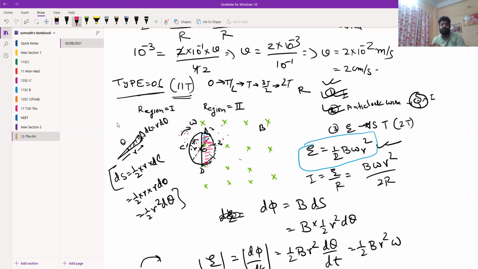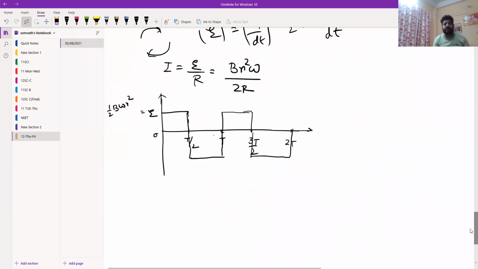Now when it moved from 2 to 1, my area decreases, flux decreases, induced EMF will try to increase it. So they are just reverse. So 1 to 2, 2 to 1, 1 to 2, 2 to 1, 2 time period. Look, this one is 1 to 2, this is 2 to 1, this is 1 to 2, this is 2 to 1. Clear everyone? Yes, sir, clear.